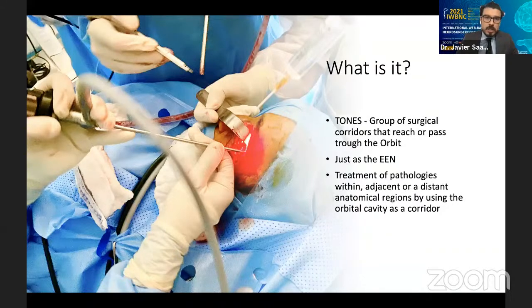It's just like endoscopic skull-base surgery, endoscopic endonasal surgery, which is not just a single approach. You have purely a transsphenoidal approach, but you also have a transcribiform approach, a transplanum approach, and lateral extended approaches. So TONES is the same. It's a group of surgical corridors.